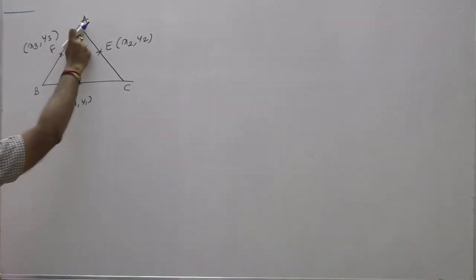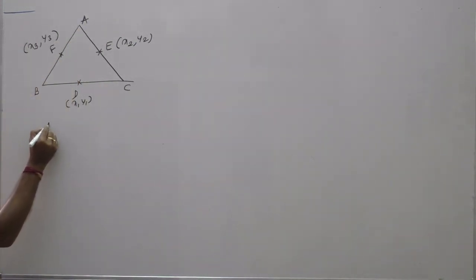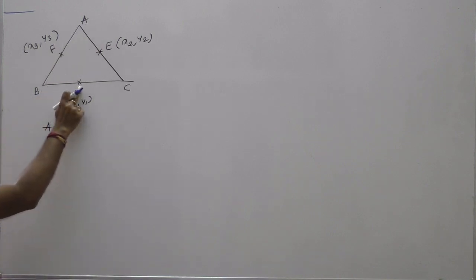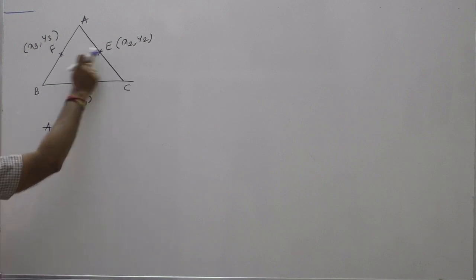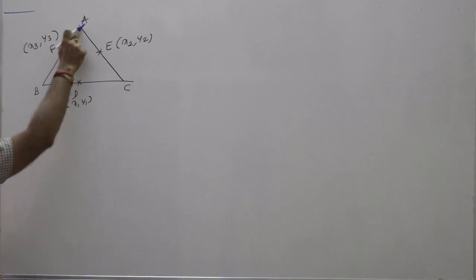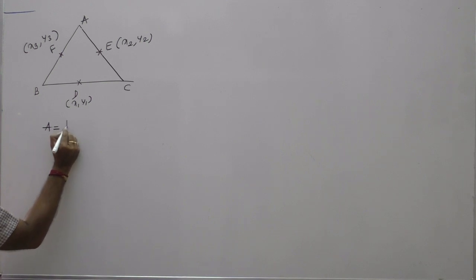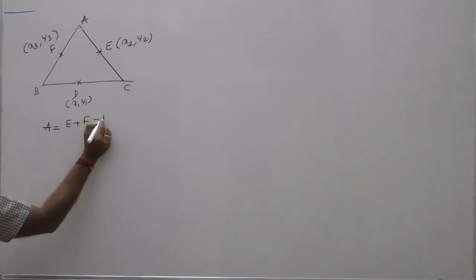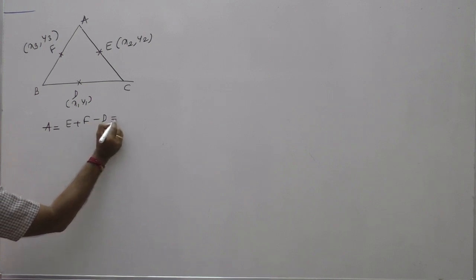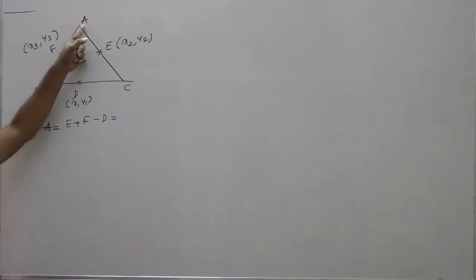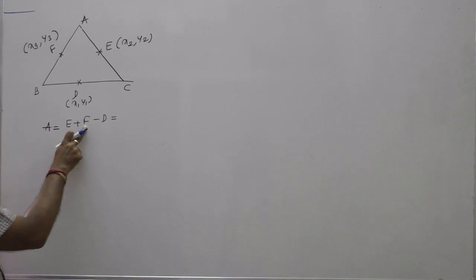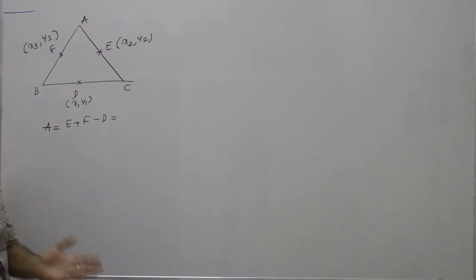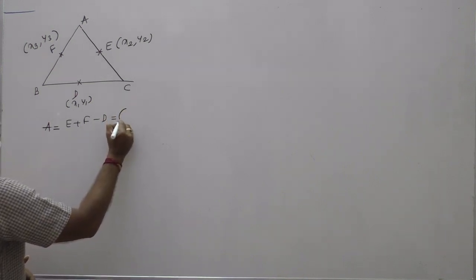Very simple. To write the vertex A, what is A? Here A vertex is opposite to this. Therefore, we will use the property: sum of these two minus the opposite one. That is E plus F minus D. Using this property, we write the vertex A. This property is used for both x coordinates and y coordinates.